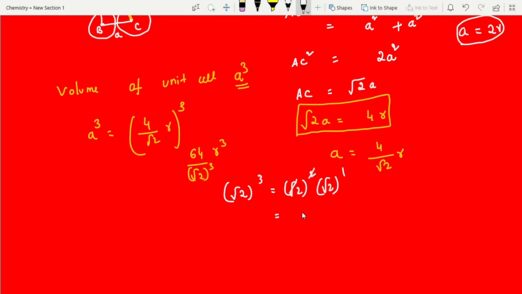Then finally what you will get here? 2 root 2, right? That only you can write here. 64 by, yes students, 64 by 2 root 2 R cube. If you simplify here itself, then after substitution in the packing efficiency formula, it takes very less time.